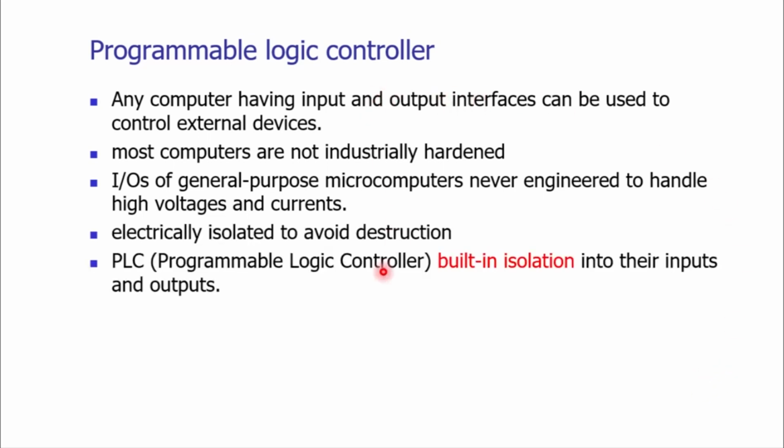The PLCs have electrical isolation circuitry. We have seen one very important isolation circuitry, that is optical isolators, opto isolators. These types of isolation circuitries are integrated in the PLC to safeguard the circuitry of the PLC from harmful signals.